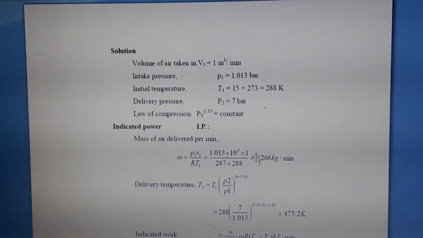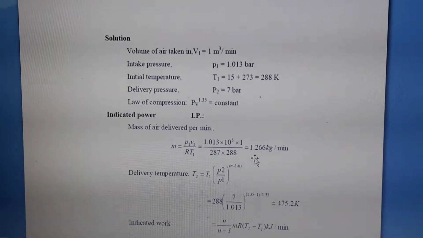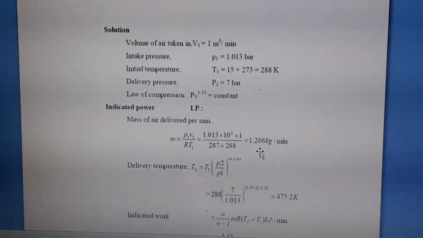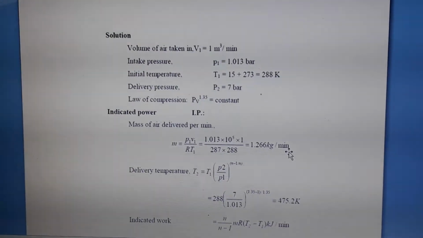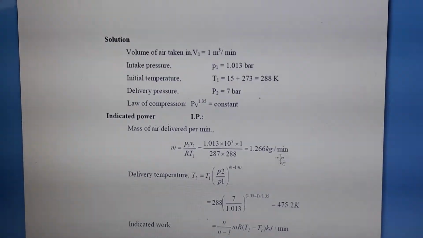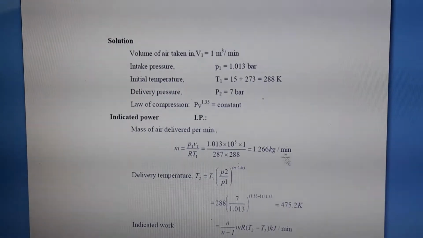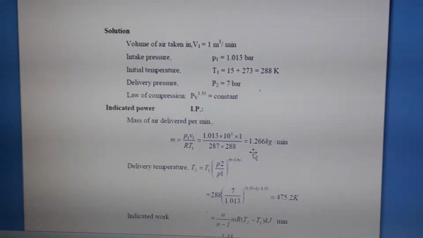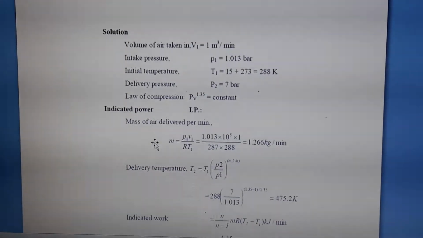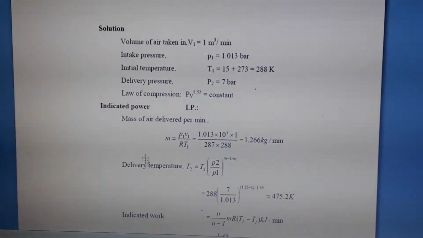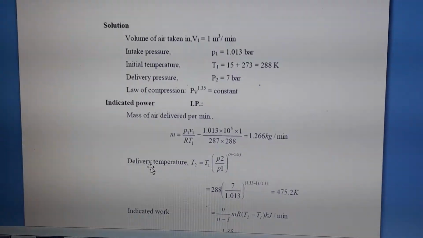So when we substitute the values and calculate, we get the mass of air, it is 1.266 kilogram per minute. If required, we may convert this mass from kilogram per minute to kilogram per second, so we have to divide this value by 60. Now we have to find the discharge temperature. Though the mass and discharge temperature are not required, as a practice we always have to find this parameter.